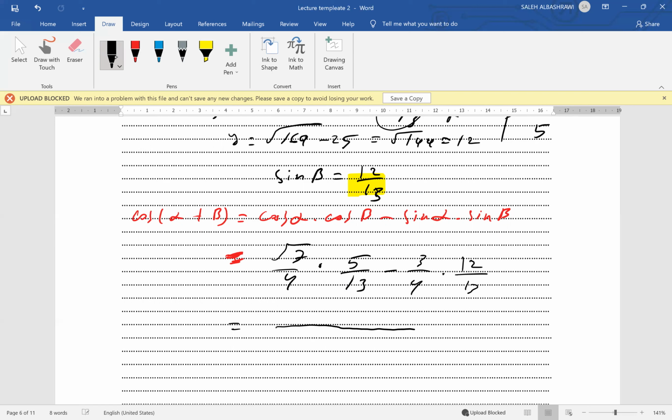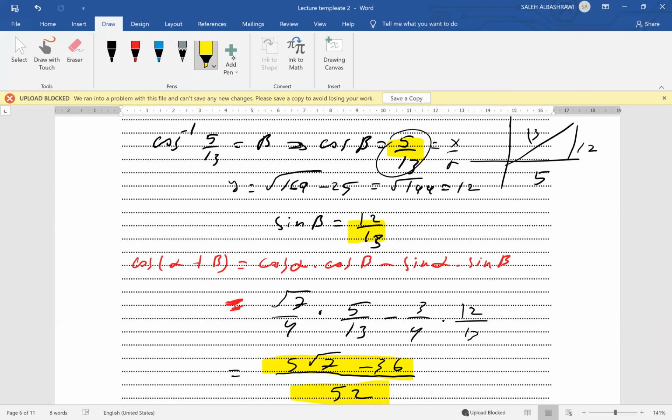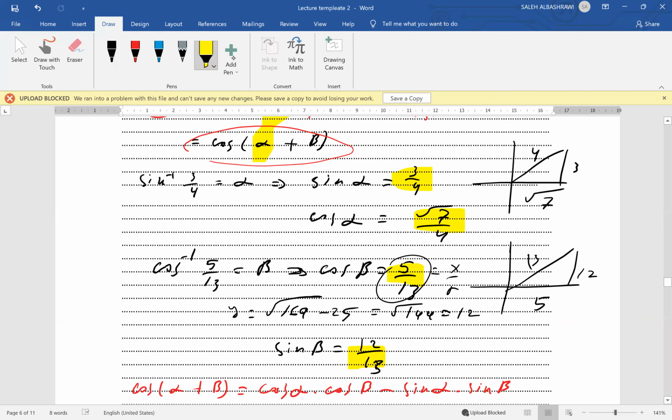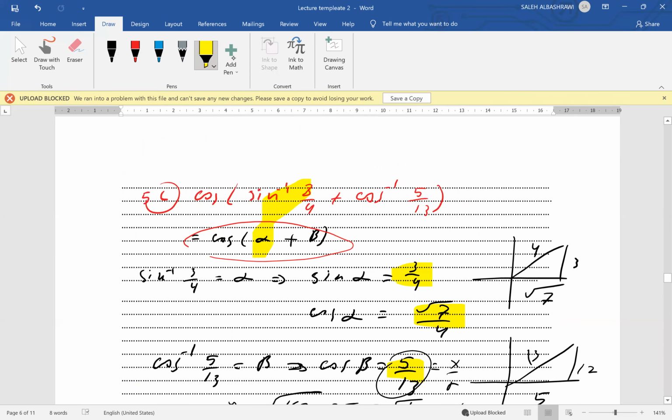This will give me 5 square root of 7 minus 36 divided by 4 times 13, which is equal to 52. So it is 5 square root of 7 minus 36 divided by 52. This is the value of cosine of sine inverse 3 over 4 plus cosine inverse 5 over 13.